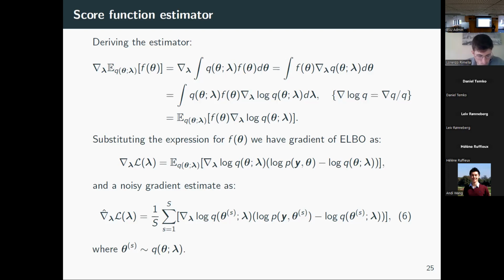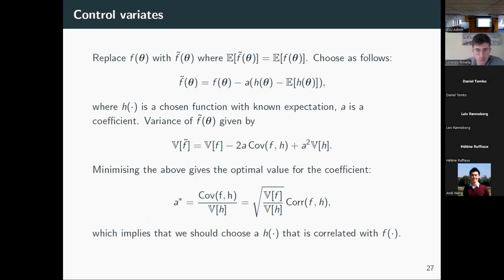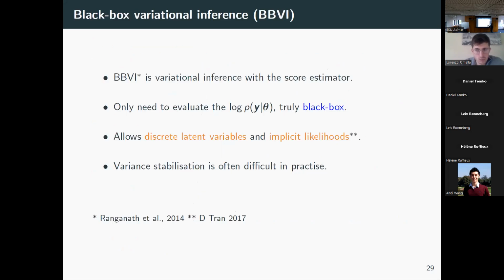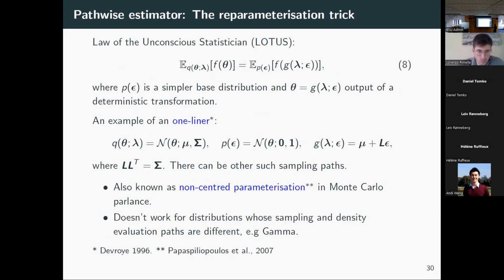Then you can plug in an actual MCMC trace here. As soon as you have this expression for a Monte Carlo based gradient of an expectation, you are free to do all these experiments basically. But in this overall framework of the score function estimator, the main challenge is actually this variance stabilization, right? That's the difficulty, and actually it's pretty hard, right?